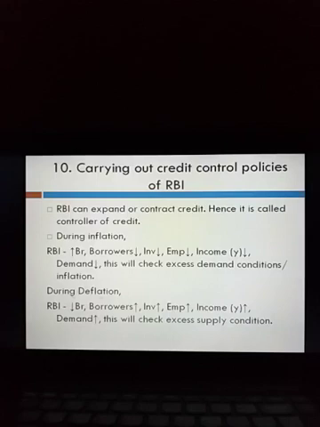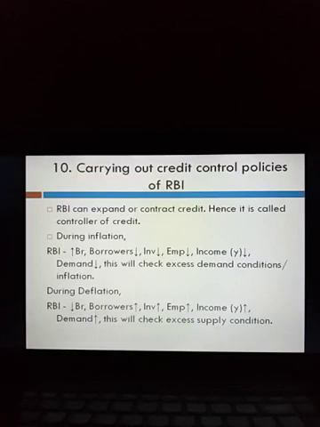During deflation, the opposite happens. Actually, deflation is a situation where there is excess supply over demand. In order to counter or to check this excess supply, RBI decreases the bank rate. When RBI decreases the bank rate, the borrowers will increase.